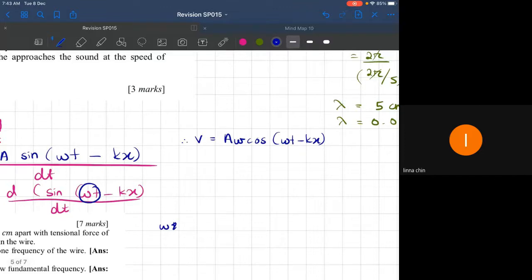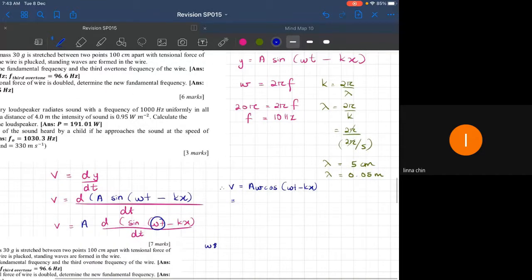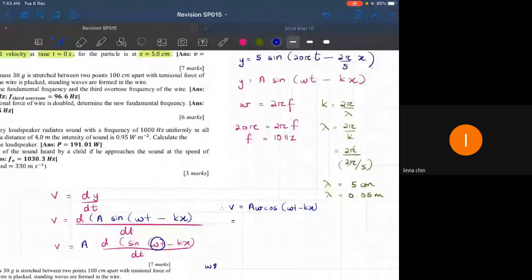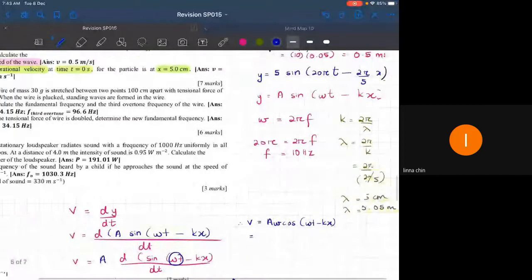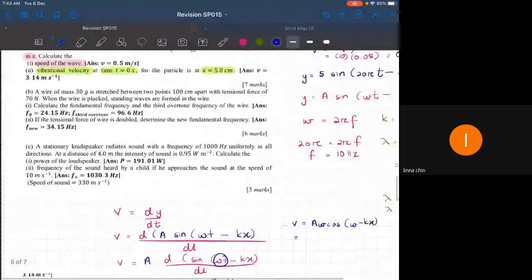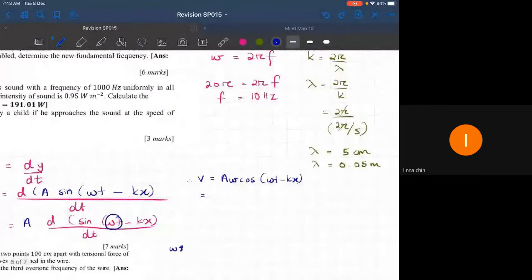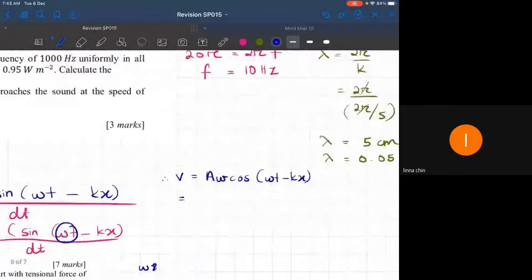Okay. A sama dengan berapa tadi? A sama dengan 5. Omega sama dengan berapa? Oh, so this one Miss nak jawapan dia dalam meter per second kan. So Miss tukar terus lah. Boleh je nak tukar last minute. So this one is 5.